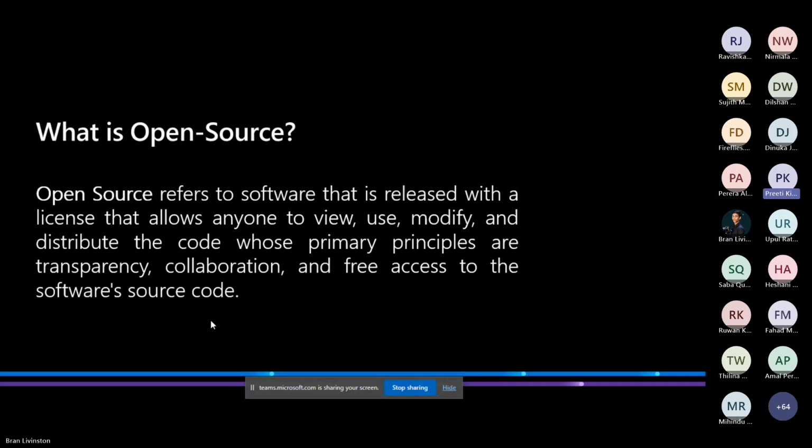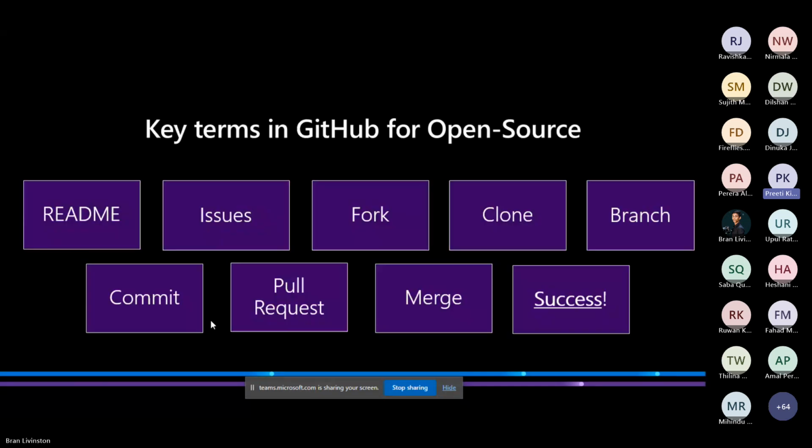So let's go to the next part, which is key terms in GitHub for open source. These are the most important terms when you are diving into open source using GitHub. The first term is README. In GitHub, we have something called a README file. This explains everything about the repository, what the repository is about.